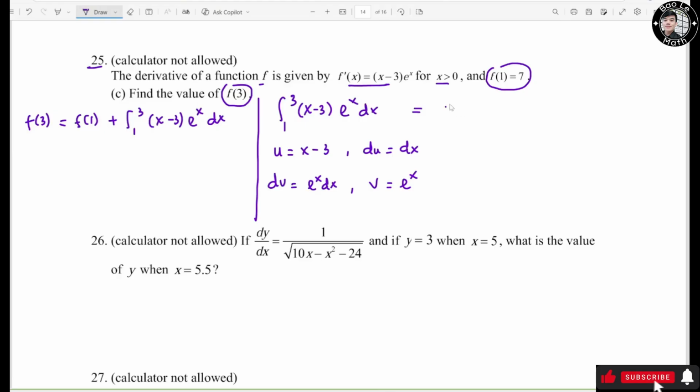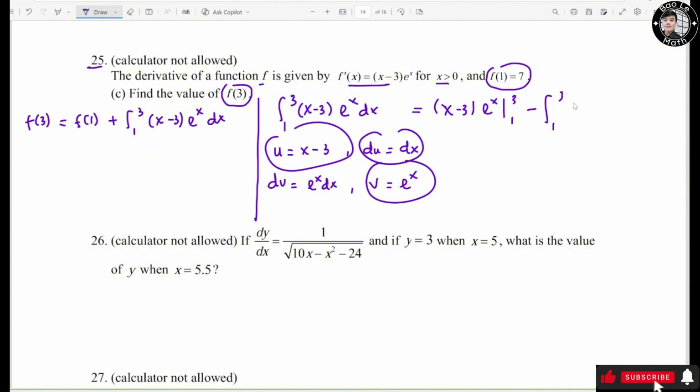So this guy becomes u times v, which means this guy times this guy, right? (s minus 3) times e to the s evaluated from 1 to 3 minus the integral of v du, which means this guy times this guy, the integral from 1 to 3 of e to the s ds, right?